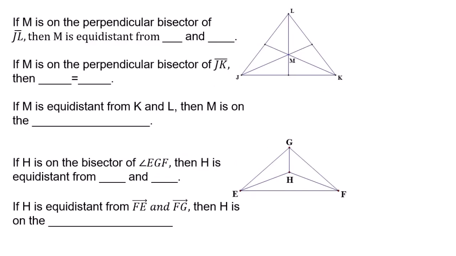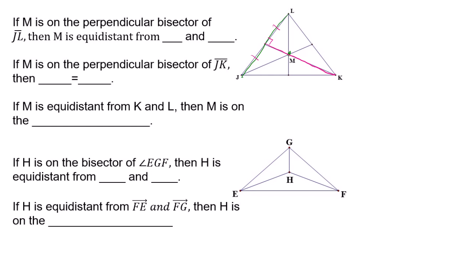So let's put these theorems into practice. So the first one: if M is on the perpendicular bisector of JL, then M is equidistant from, and so M is on the perpendicular bisector of JL, right? So here's JL. Okay, so M is on the perpendicular bisector, so this is the line that, okay, so it must be perpendicular and it must be a bisector.